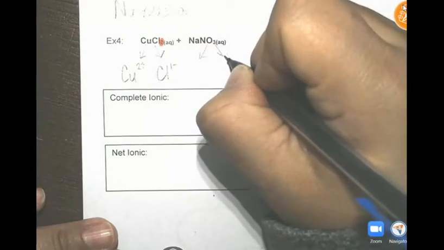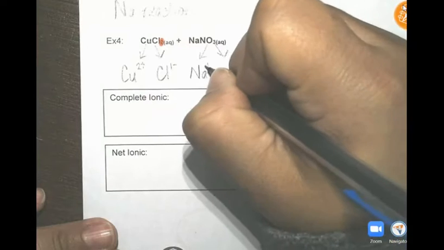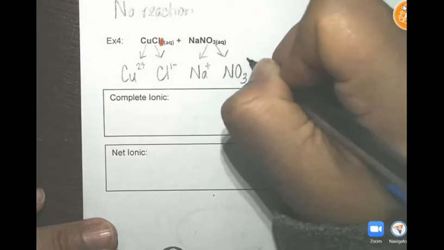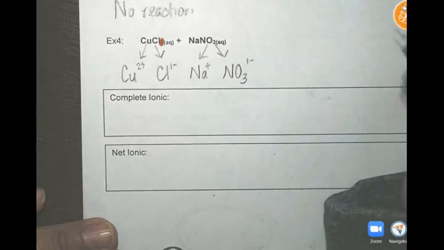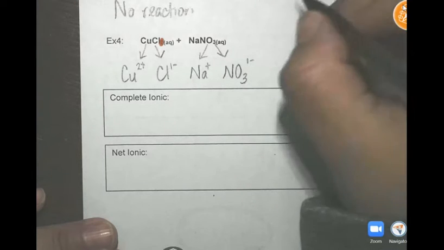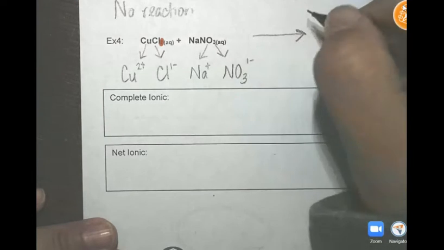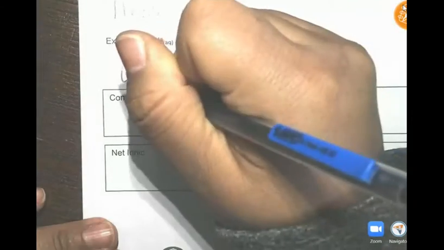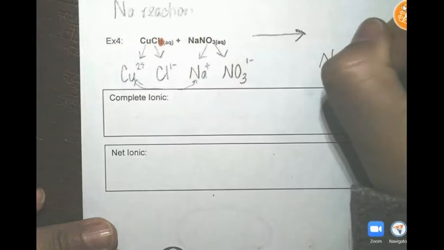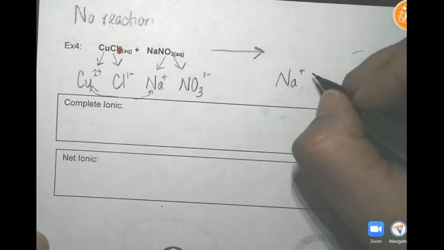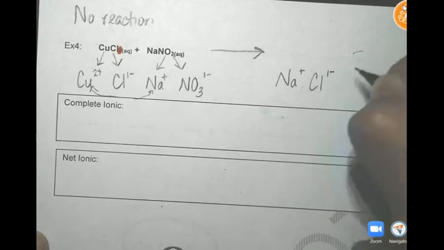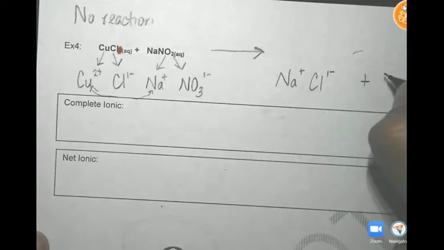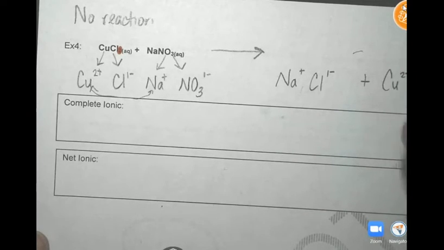Separate these ions. Na plus, NO3 1 minus. Right? So now positive ions are going to switch places. Na plus with Cl 1 minus and Cu 2 plus and NO3 1 minus.